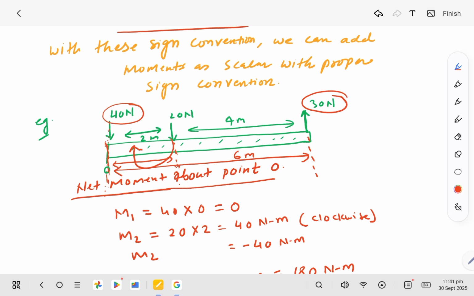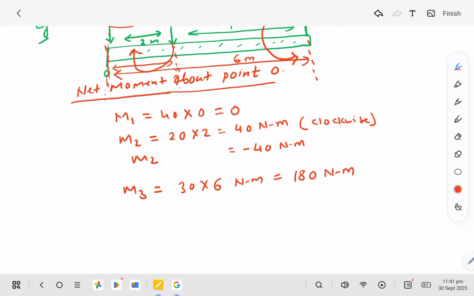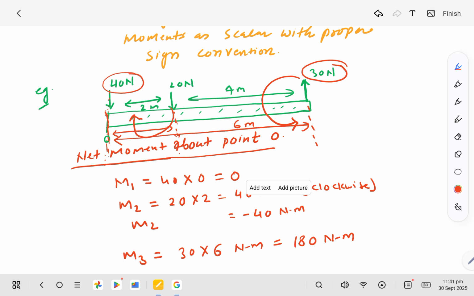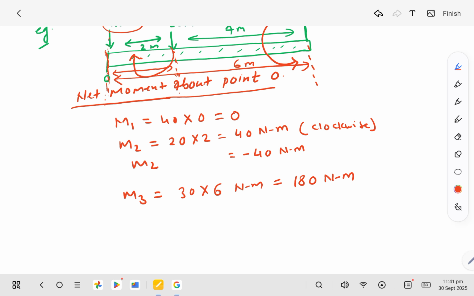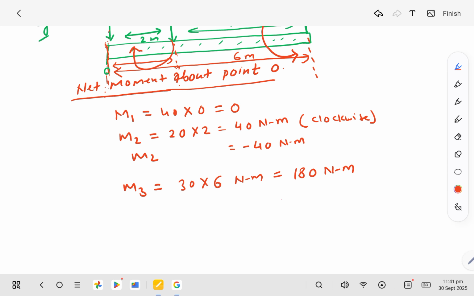This force has tendency to rotate this object in this direction, meaning anti-clockwise. Or we can write 180 plus Newton meter.